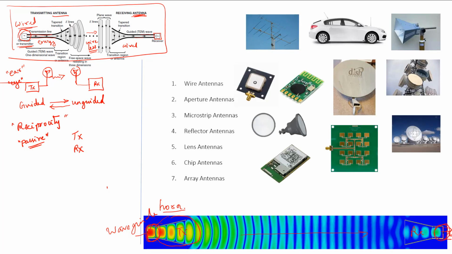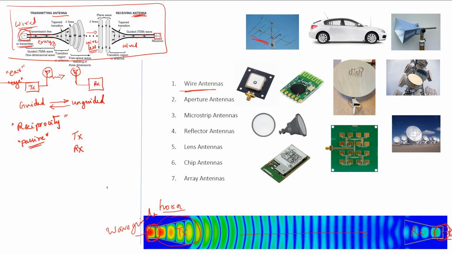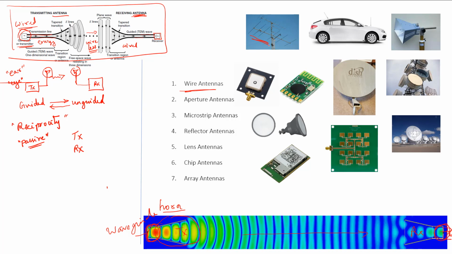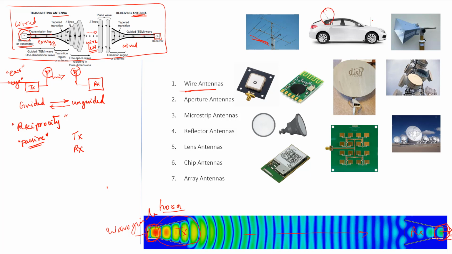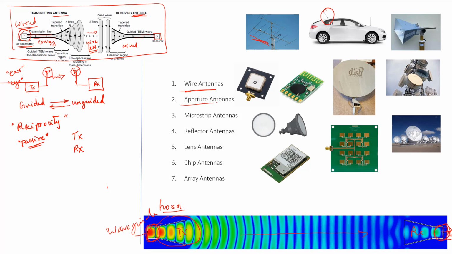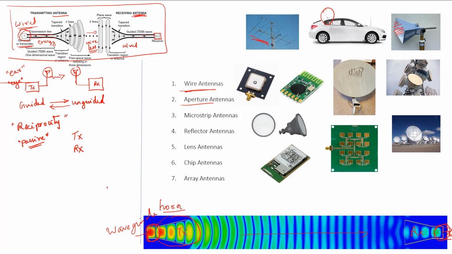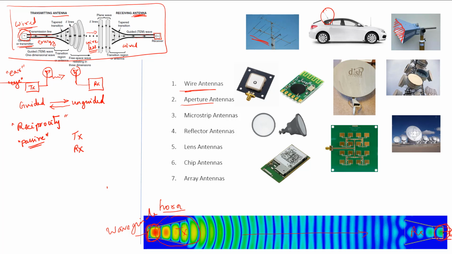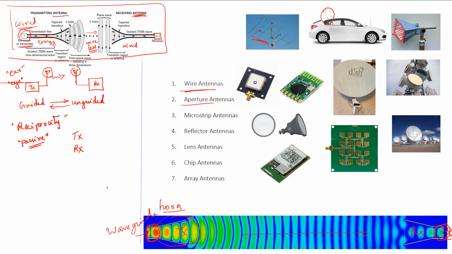There are various other different kinds of antennas. We see wire antennas, typically on rooftops of buildings for TV reception, also in cars for FM radio, and so on. The second category is the aperture antennas. Aperture meaning some kind of an area, like what you see here is a horn antenna. It has a so-called rectangular aperture, like what you see in this animation here.